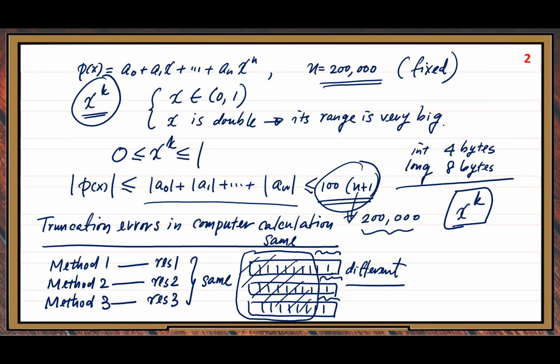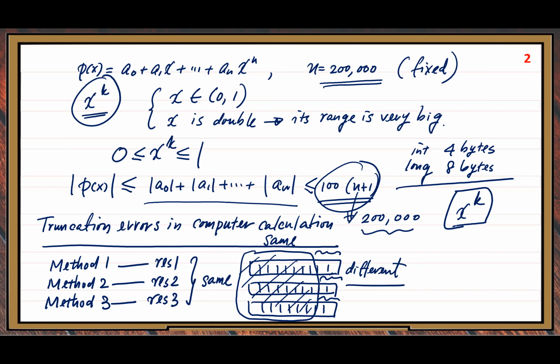Then you add up all these numbers, and the truncated error parts add up, becoming bigger and bigger. And you use 3 different methods, which means the truncation ways are different.